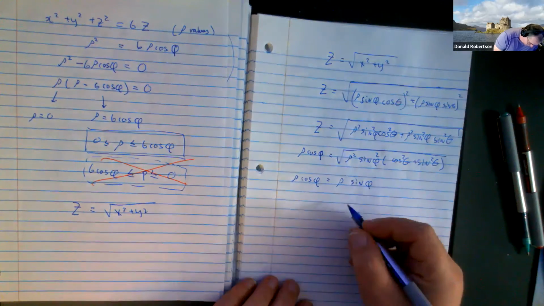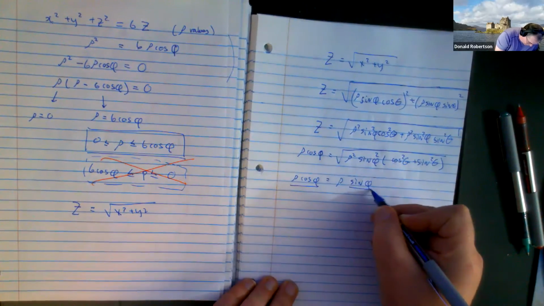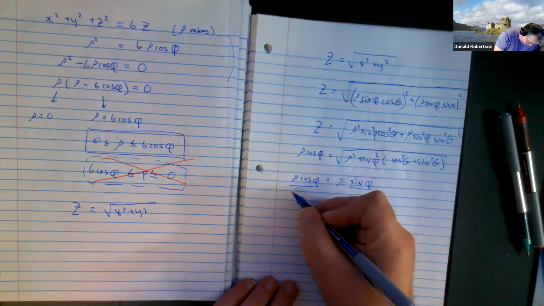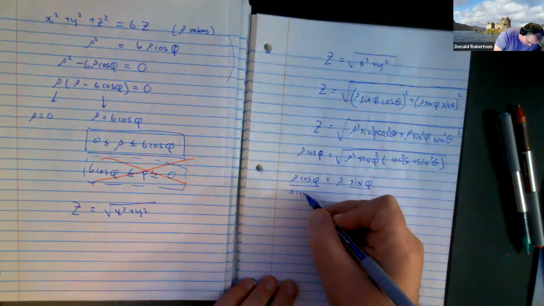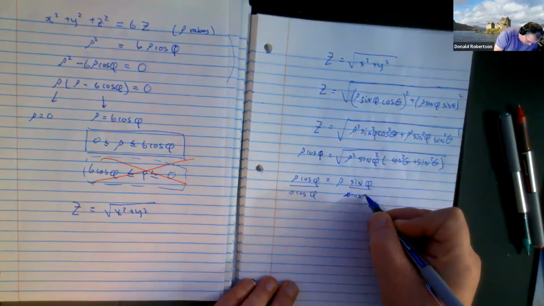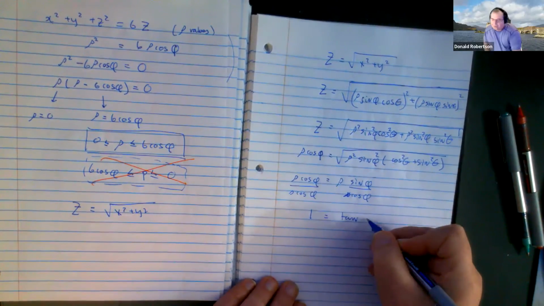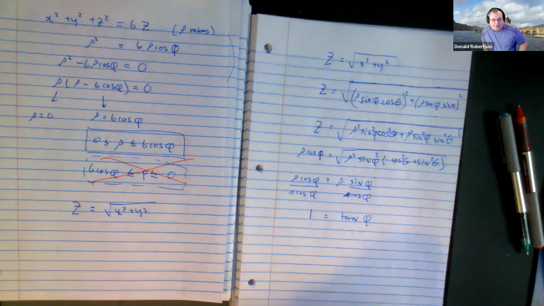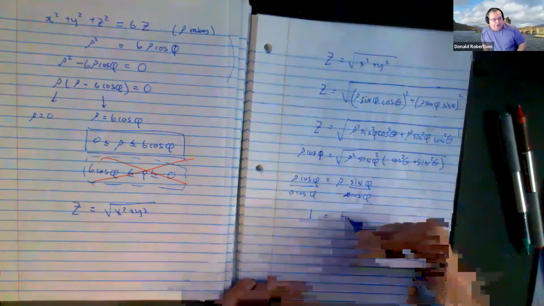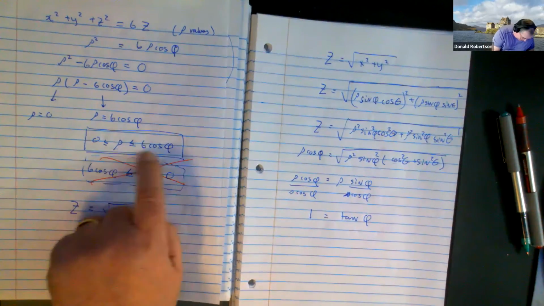Now, if I divide both sides by rho cos phi, don't I get 1 is equal to tan of phi? Oh, by the way, I'm looking for a range of phi here, right? I already know what theta is. I know what rho is. What does this get me?